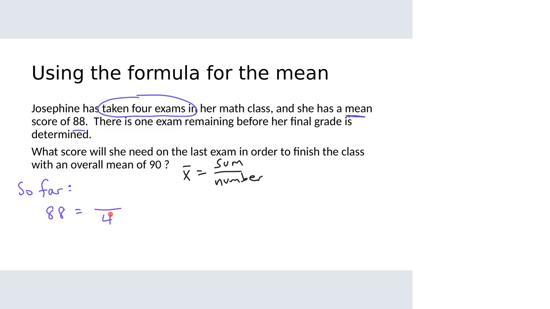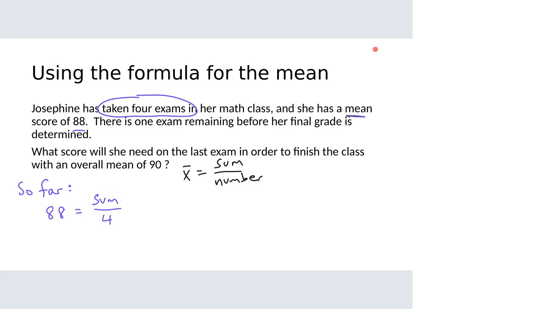And so what I can find is the sum, and what the sum represents here is how many points she's earned so far in the class. What this sum represents is important for us to keep track of. In the previous problems, it was the value of the cars or the value of the liquor bottles. In this one, this sum represents the number of points she's earned so far.